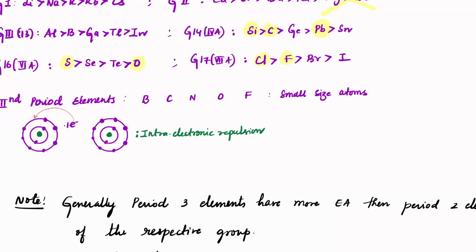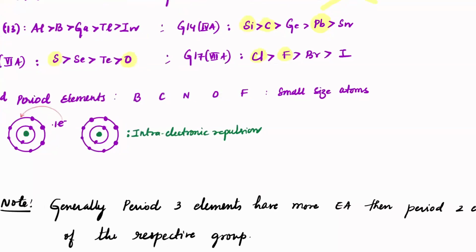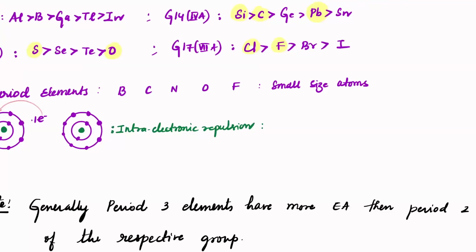After this, intra-electronic repulsions can be ignored because the idea that the electrons are close to each other will not account so much as you go down the group here. So therefore, this factor, intra-electronic repulsions or electron-electron repulsions, is more significant in second period elements.